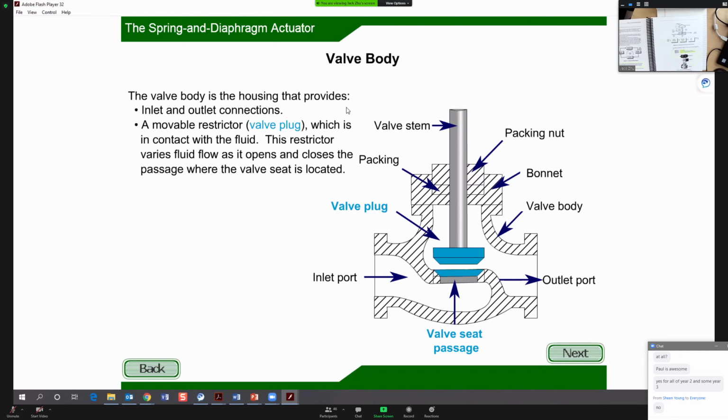The valve body is the housing, which provides the inlet and outlet, and also a movable restriction, which is the plug. The restrictor varies the opening for the fluid to flow. This is the plug, and here is the stem, which can be controlled. If this one opens, then flow can go through and go out.